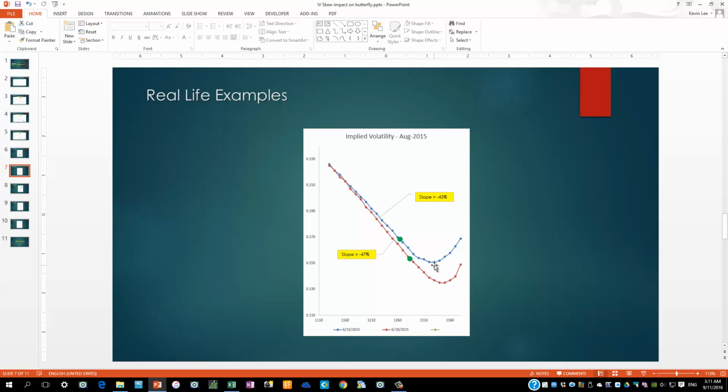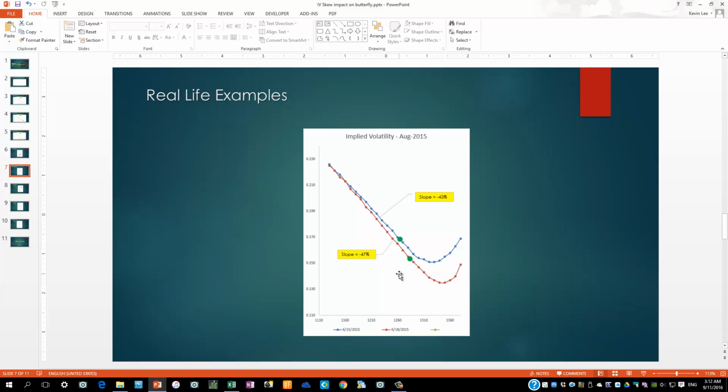When the right leg steps onto these strikes, your short strike is probably here, and your left leg is probably here. So comparatively, this one will be in trouble, depending on whether you want it to go up or go down. So that's one important concept.